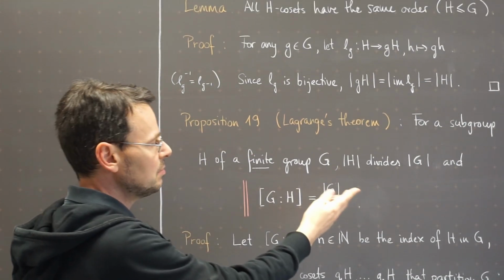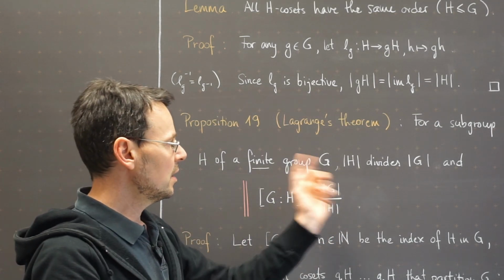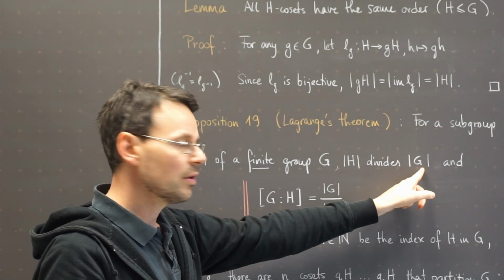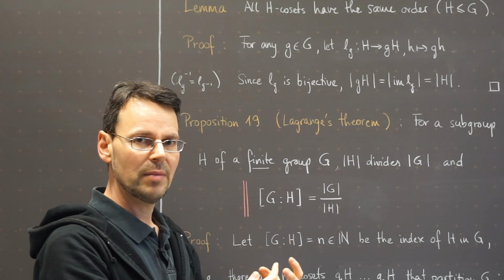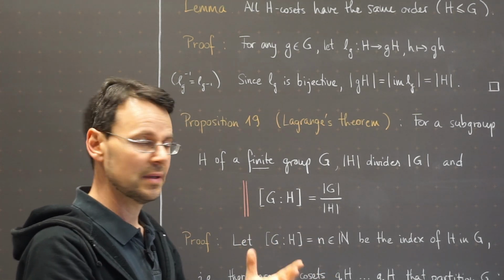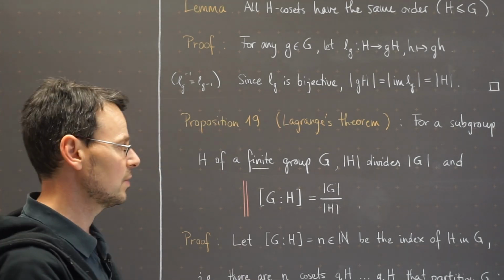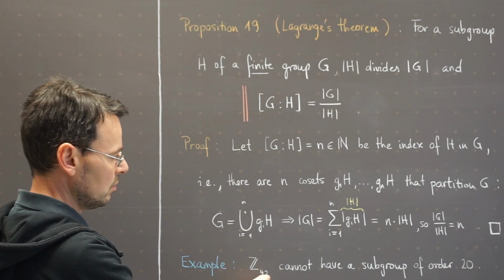And now, why would this theorem be important? Well, it asserts that this here, the order of G, which is a mere number, contains information about the group structure or the possible subgroups there can be. And this is a very strong result. For example, take the integers modulo 42.